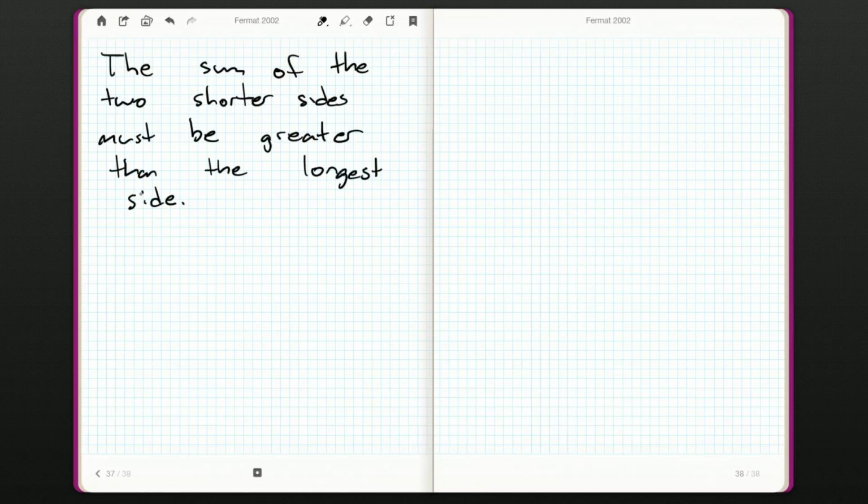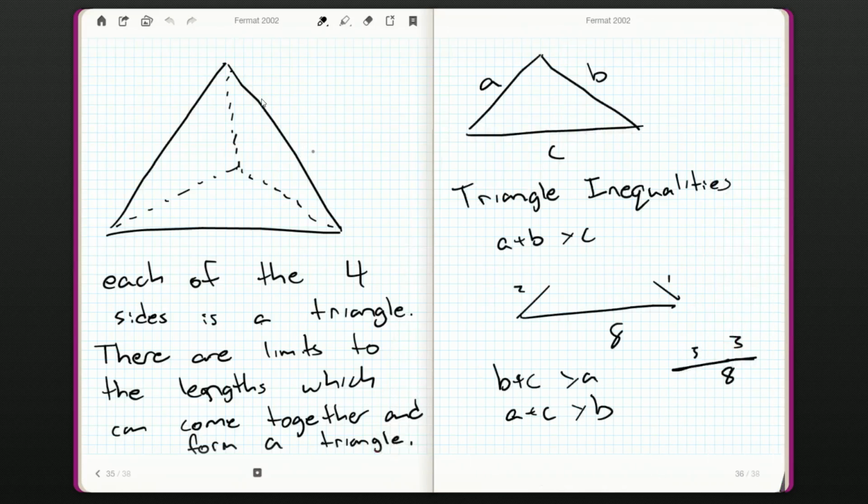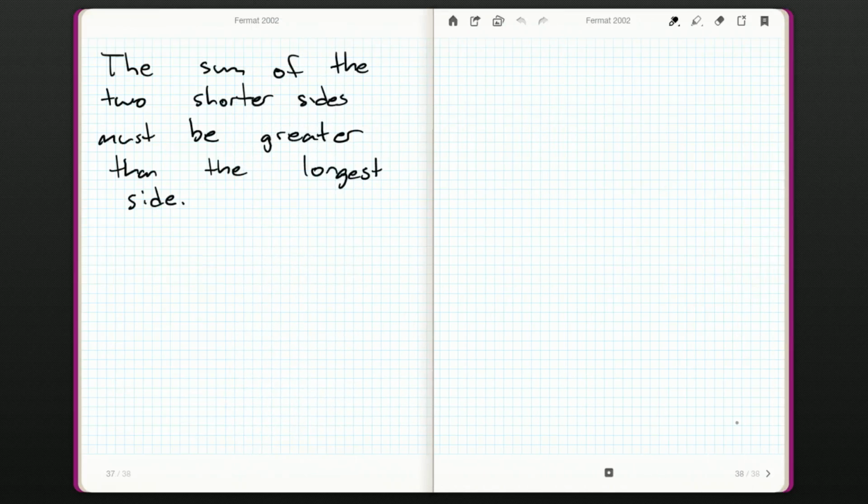And I think that's going to limit which of our edges can come together to form certain triangles on our tetrahedron. So if we redraw our picture of our tetrahedron, it doesn't matter which side we place first.